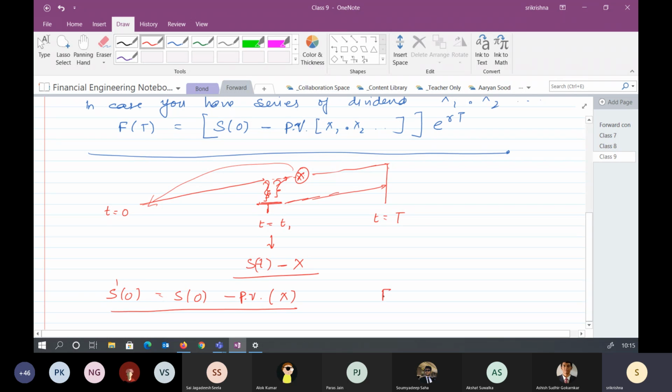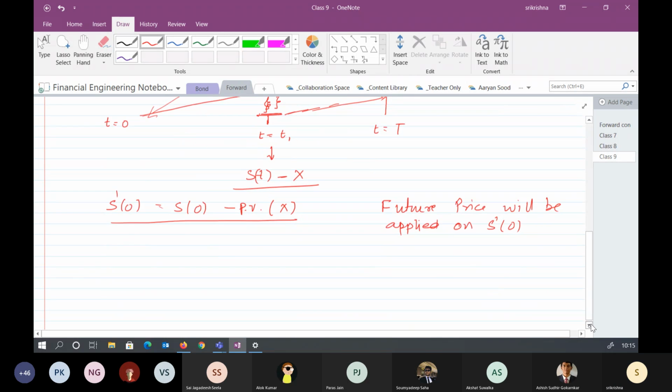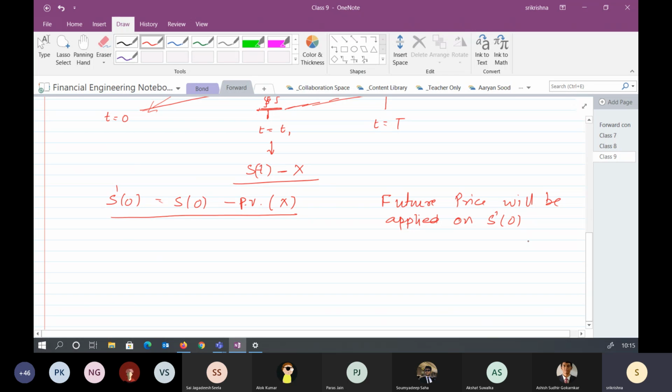Now the future contract or the future price will be applied on S dash 0, which is the spot price accounting for the dividend rather than the actual spot price. Is it okay?